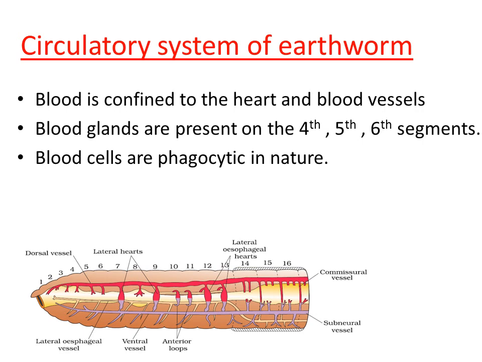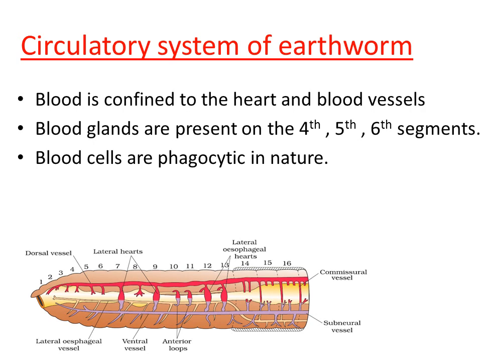And the blood glands also secrete the hemoglobin. Hemoglobin is not present in the RBC in case of earthworm, right? It is dissolved in the plasma. Understood? This is the main thing you have to understand here. So the blood consists of hemoglobin that is dissolved in plasma.